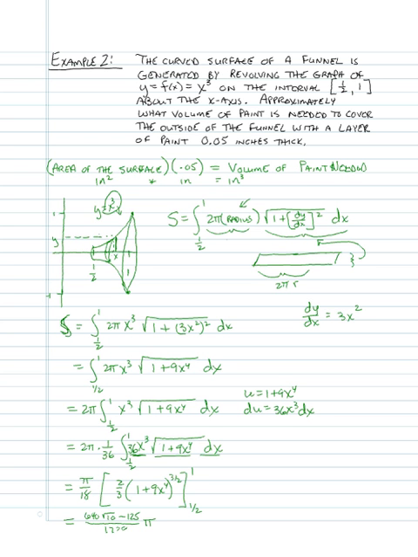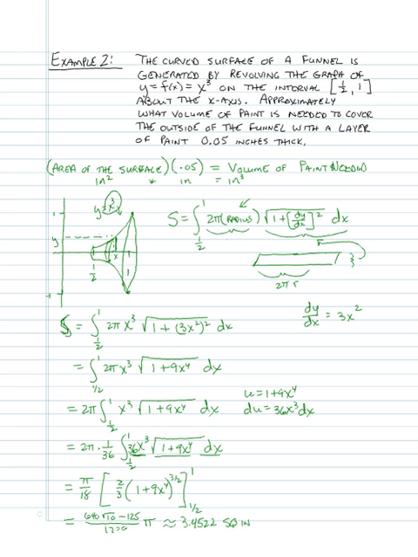And it's that fraction times pi. Now, that's approximately equal to, and that's what we're really needing here, 3.4522 square inches.